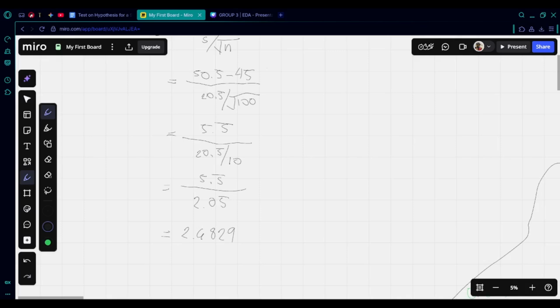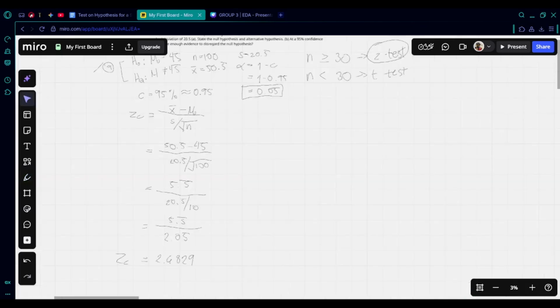So this is our computed Z score. So after we get our computed z, first we have to draw the curve.